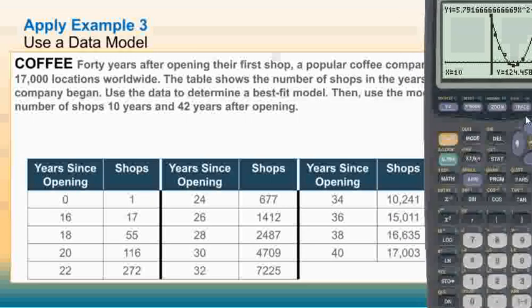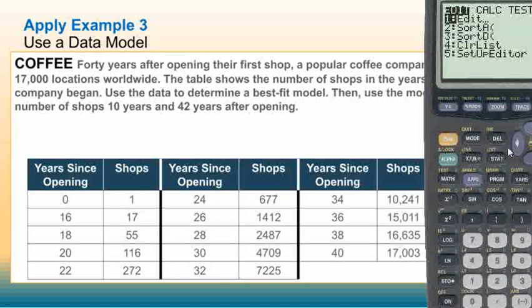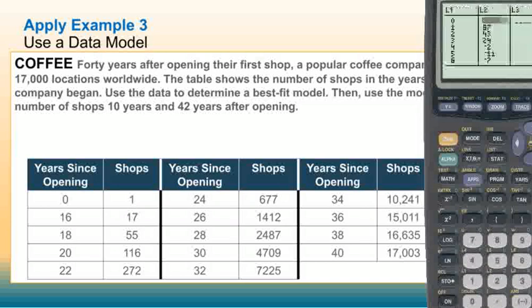We'll go to stat, edit, we'll clear everything. Type everything in, so 0, 16, 18, 20, 22, 24, 26, 28, 30, 32, 34, 36, 38, and 40.